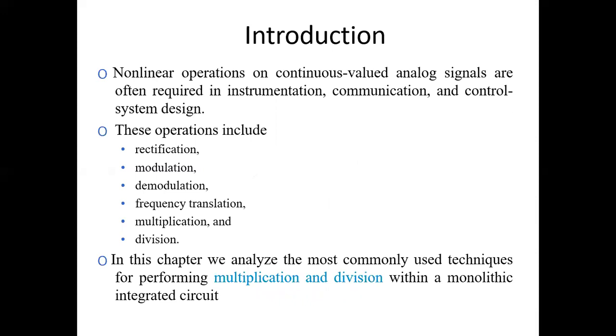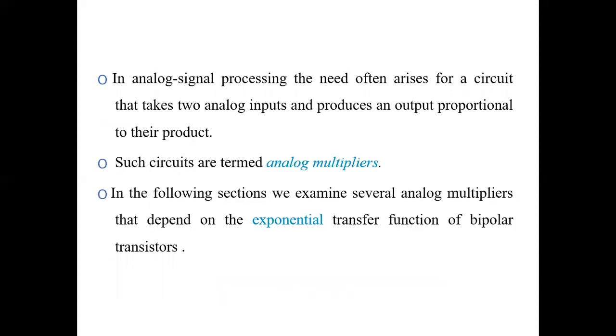Nonlinear operations on continuous valued analog signals are often required in instrumentation, communication, and control system design. These operations include rectification, modulation, demodulation, frequency translation, multiplication, and division. In this chapter, we analyze the most commonly used techniques for performing multiplication and division within a monolithic integrated circuit.